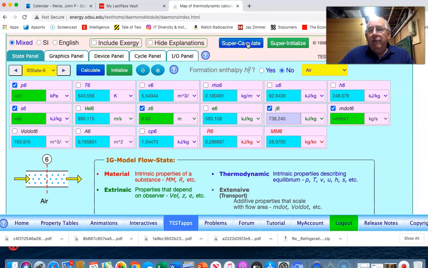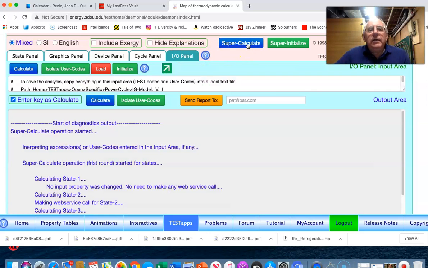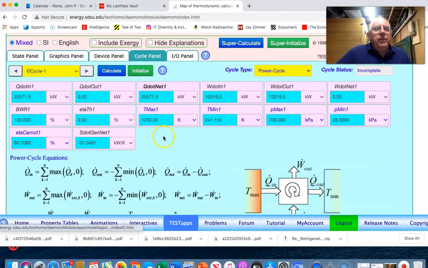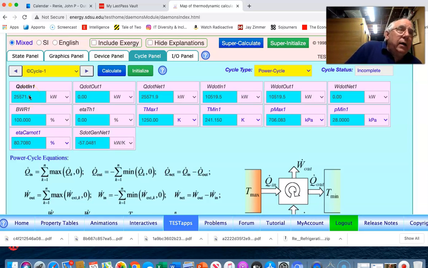And so if I go to the super calculate then, we see in the cycle panel that for the flow rate of interest, this is the heat transfer that came in through the combustor. And we know that that corresponds to the m dot of the mass flow through, and then the fuel m dot is going to be determined.